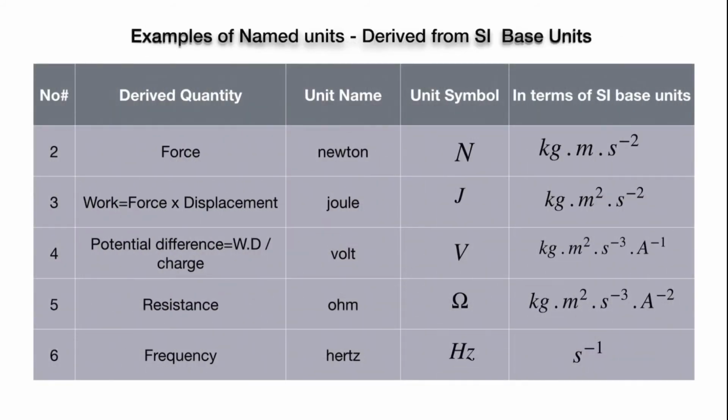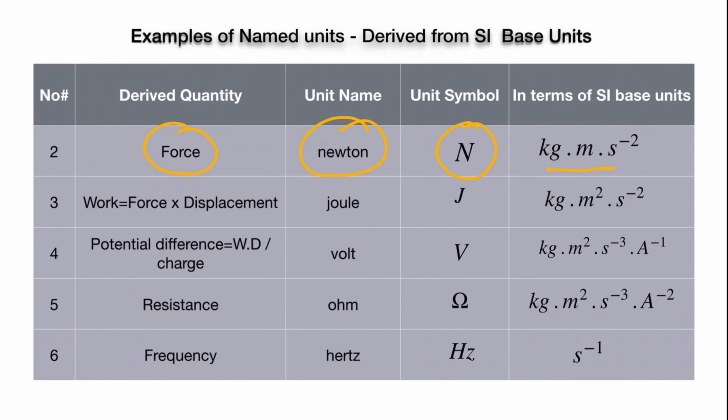The SI system of units assigns a special name to some of the derived units of measure. Here are a couple of examples for your understanding. Here you see the derived quantity is force. Its unit of measurement name is Newton. The unit symbol is capital N and in terms of SI base units it's kilogram meter per second square.